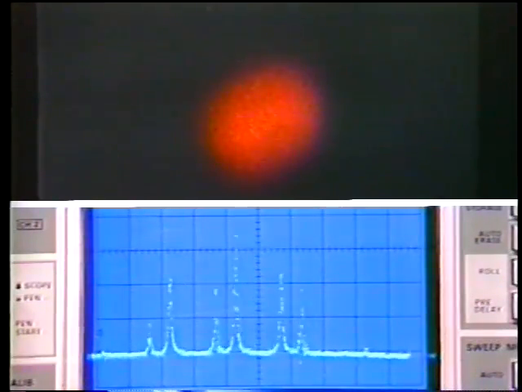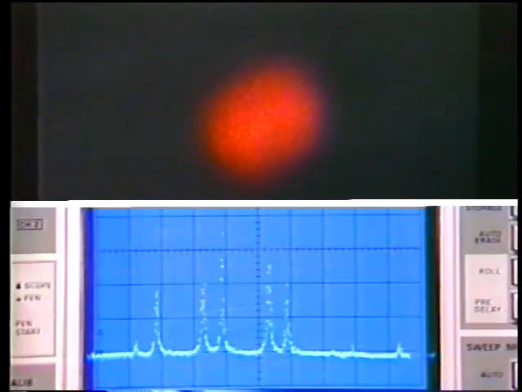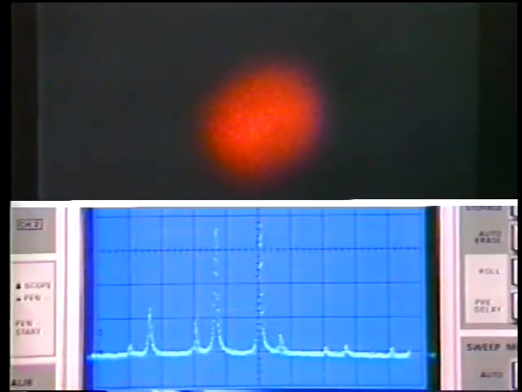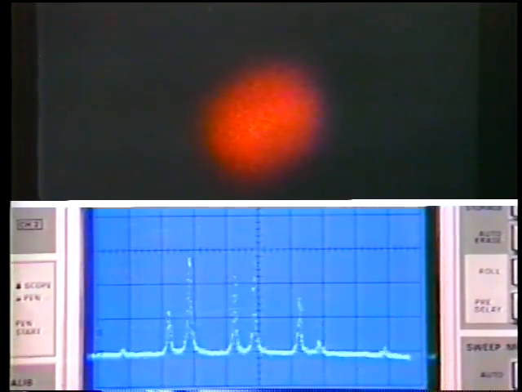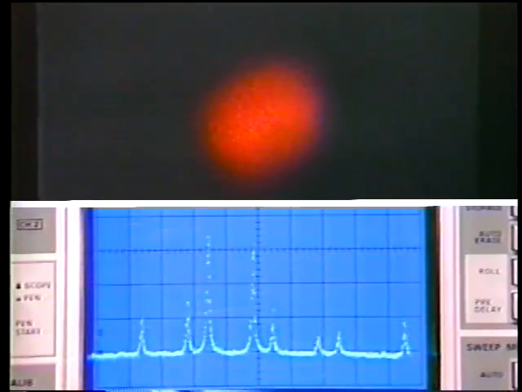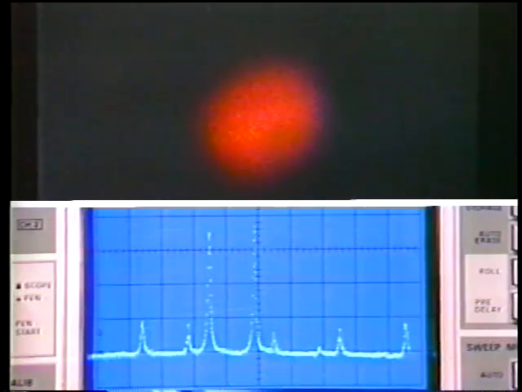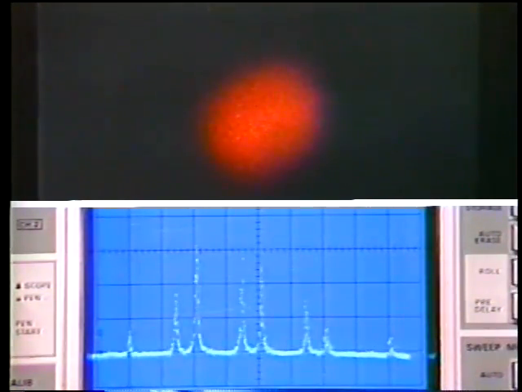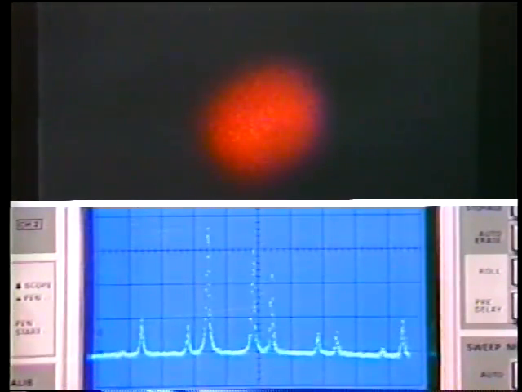Now the frequencies of the transverse modes depend on the length of the cavity and the curvature of the mirrors. And under certain conditions, for example, in the case of a confocal cavity where the radii of curvature of the mirrors are identical and equal to the spacing in the cavity, you can get all the even modes under the 0,0 mode, and all the odd modes halfway in between.